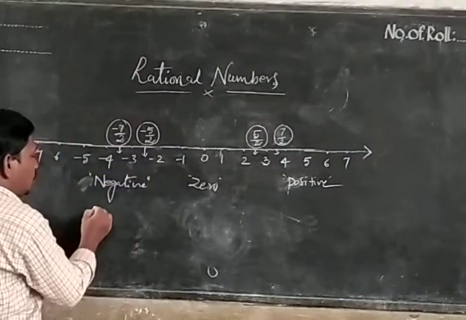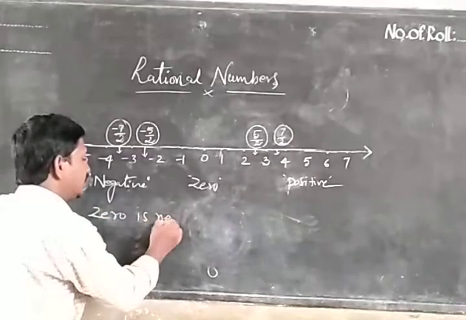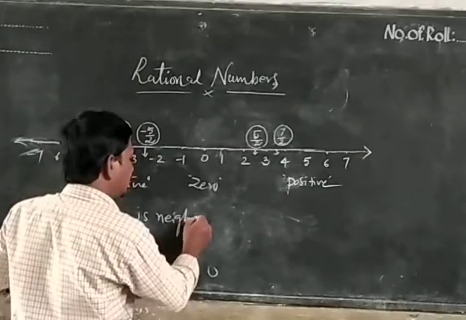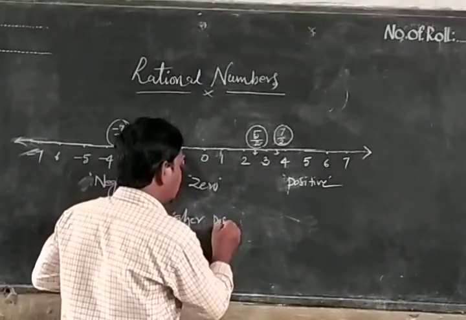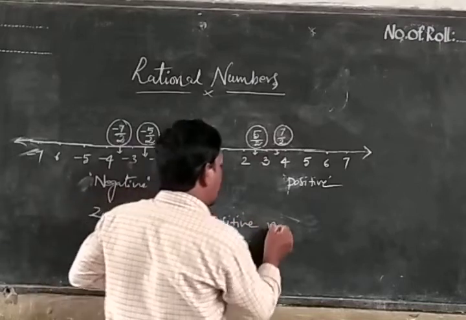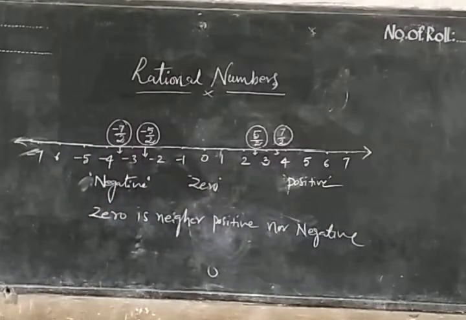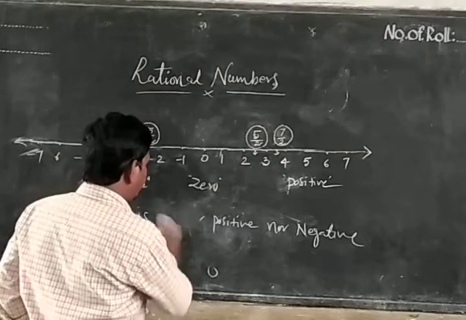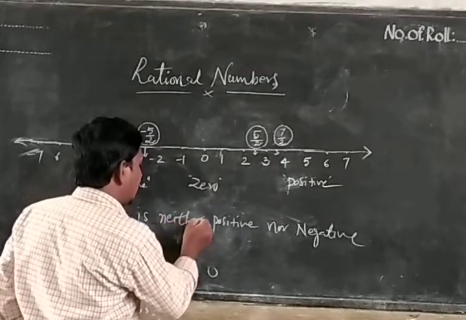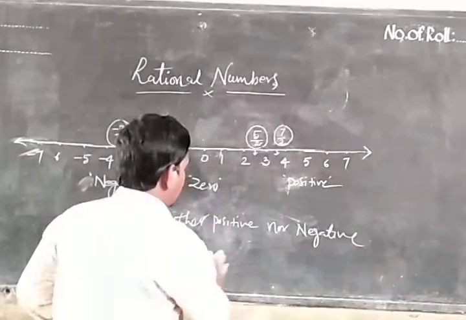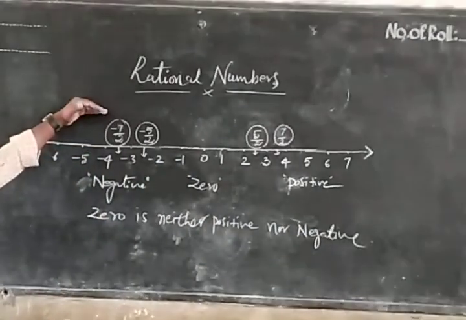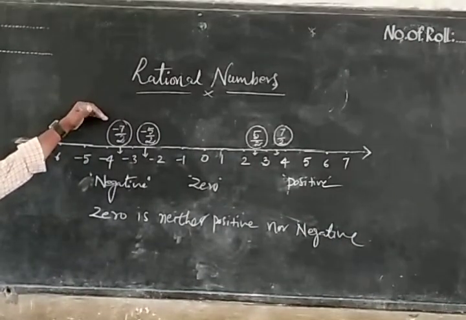So 0 is neither positive nor negative. So you can represent any rational number on a number line.